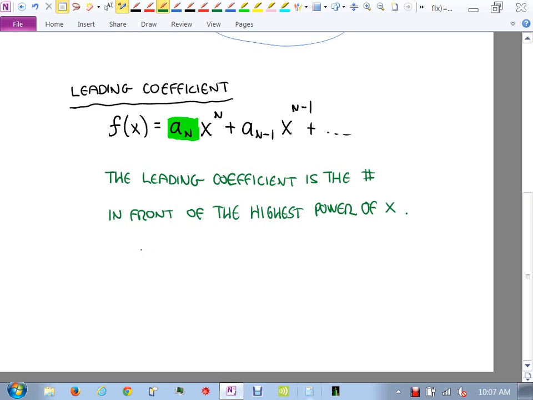And we will abbreviate it from here on out, LC. Leading coefficient. That all right?